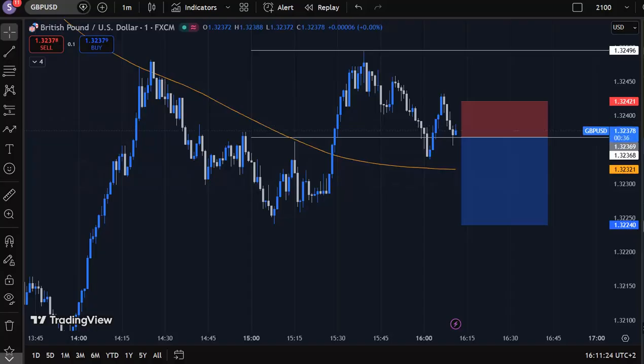Still waiting for that full breakout and retest. Something like this, hopefully. They don't really care about us.